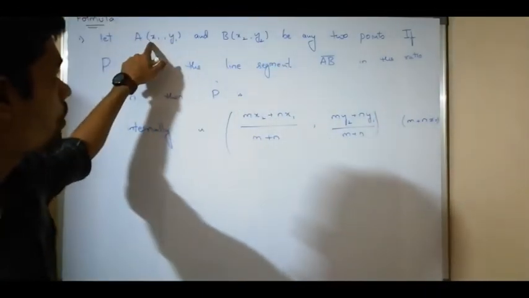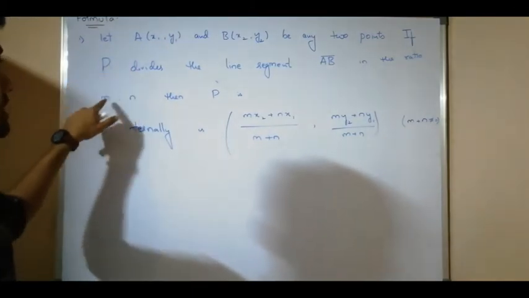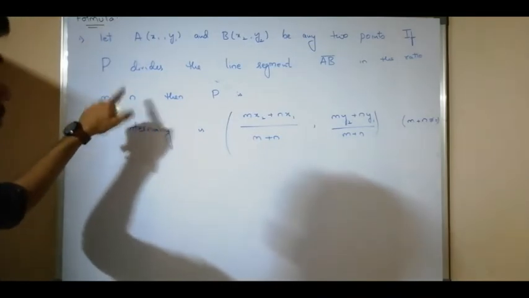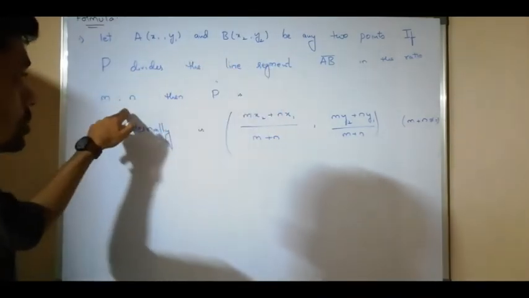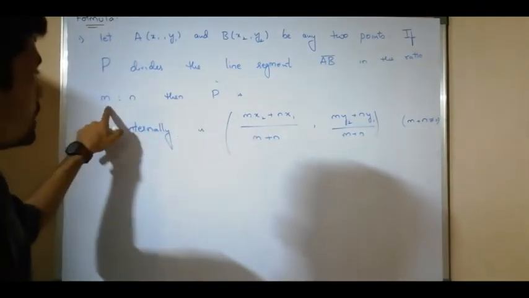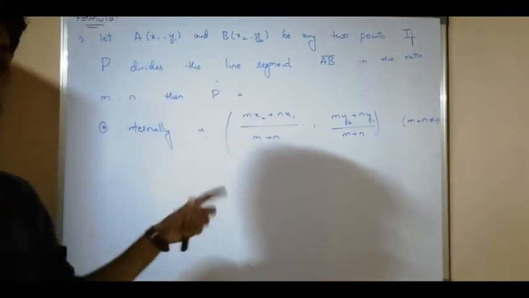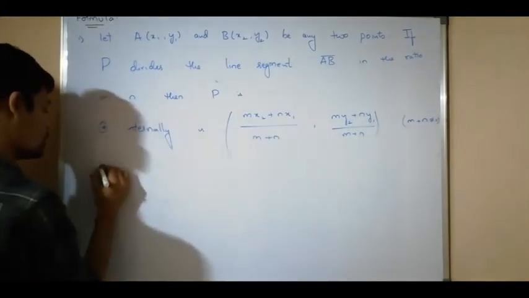If we know the points A and B and know that P divides the line segment AB in the ratio m is to n, then to find the point which divides the line segment AB in the ratio m is to n internally, just by substituting the m value, n value, x1, x2, y1, y2, we will get the point P. Similarly, we can go for externally.